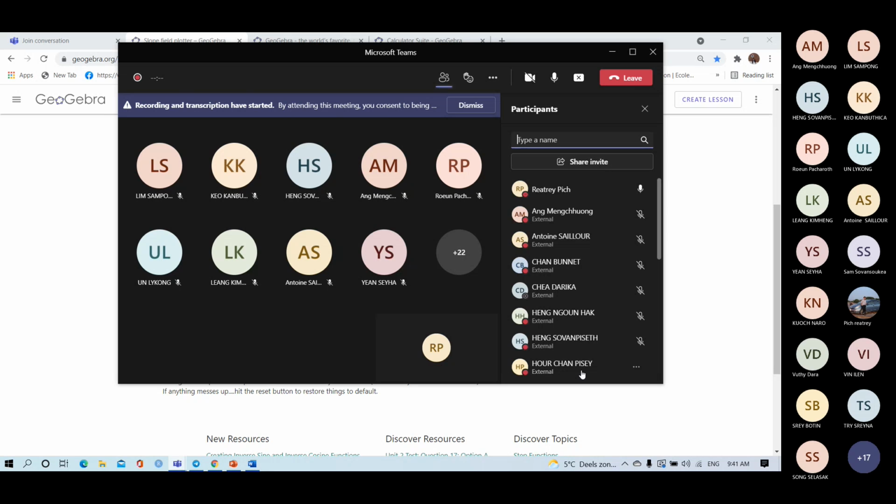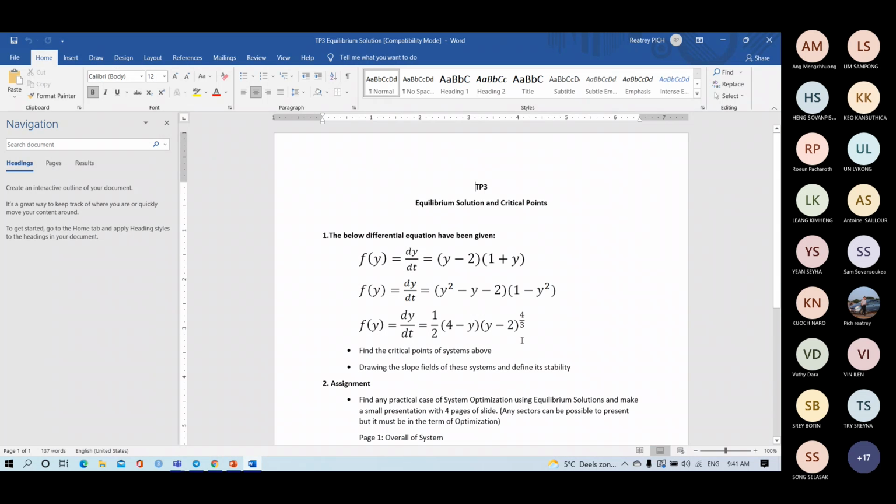Okay, let's solve the second equation. We have y squared minus y minus 2, and 1 minus y, squared. What is the critical point? What is the slope field? So the slope field I can plot for you. Let's see the slope field first. So ours is y squared.